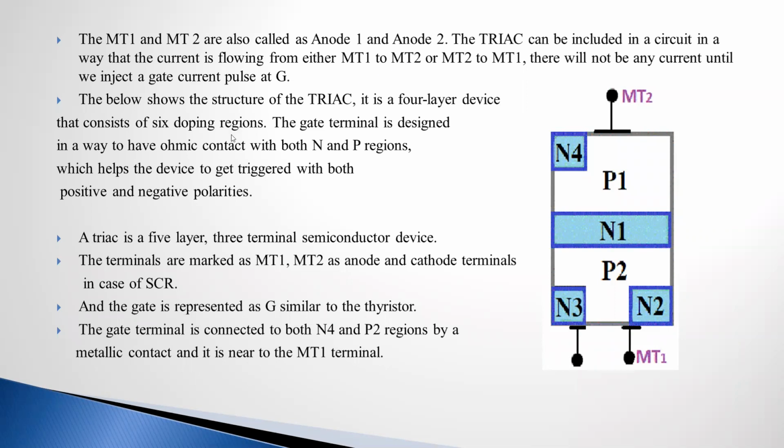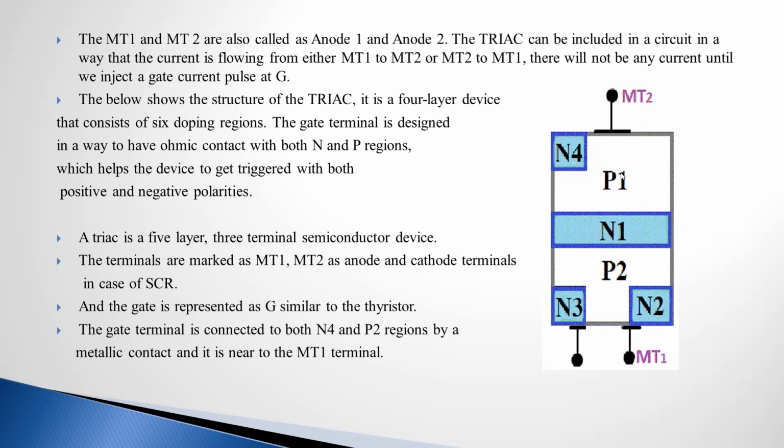Clear? It consists of six doping regions: P1, N1, P2, N2, N3, N4. These are the PN materials attached together, and the different materials are doped with different regions, with some holes and electrons.